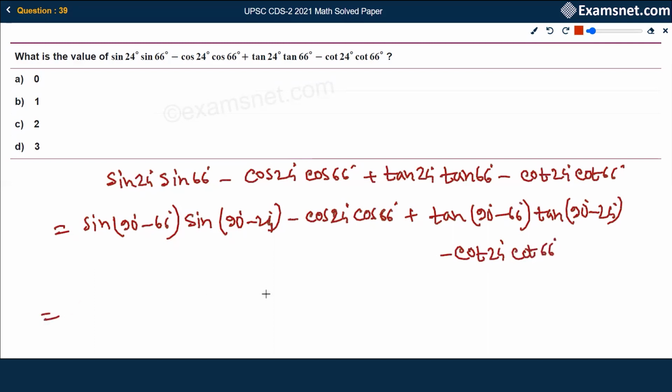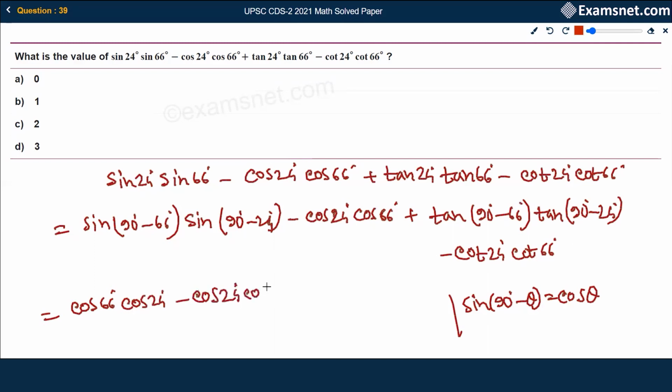Next, we know that sin of 90 degree minus theta will give us cos theta. So it becomes cos 66 degree cos 24 degree minus cos 24 degree cos 66 degree, plus also tan of 90 degree minus theta, that is cot theta.